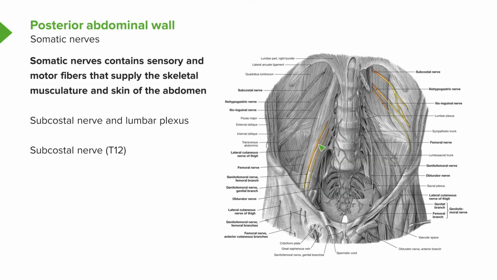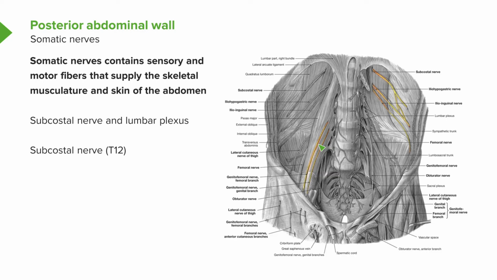One then runs along the inguinal canal, within the spermatic cord, to supply the skin around the scrotum, or around the labia if it's in the female, and the femoral branch passes through the fascia of the thigh to supply a discrete region on the anterior surface of the thigh. The genitofemoral nerves come from L1 and L2.